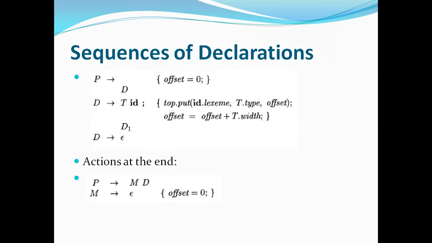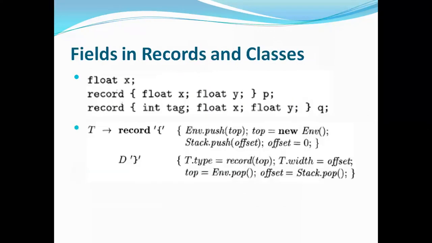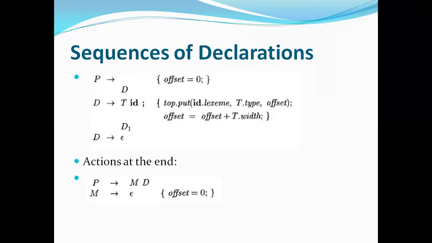Knowing about the sequences of declarations, then we have to know how the assignment statements can be defined. That means the assignment statements mainly deal with the expressions. Make a note of this. And the expressions can be of any basic type. It may be integer, real, array, and record.